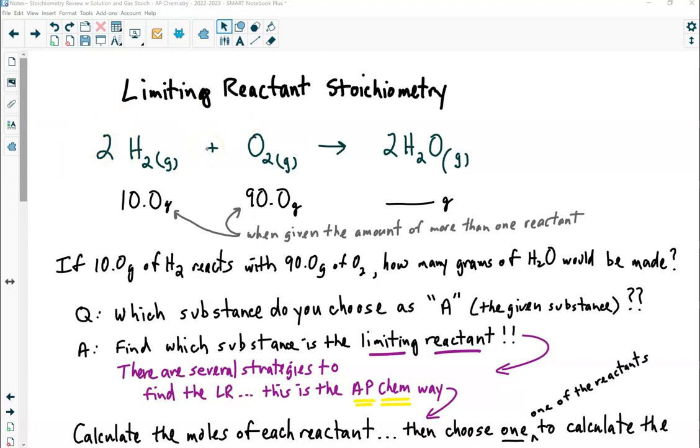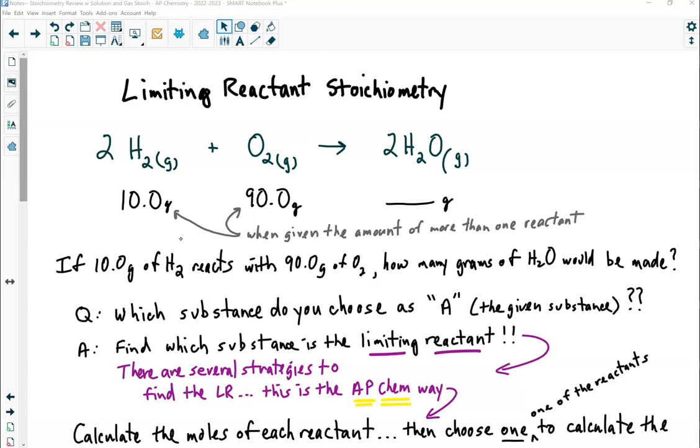For example, in this reaction, the 10 gram to 90 gram ratio of mass may or may not be in the 2-to-1 ratio required of hydrogen to oxygen in the balanced equation. And whenever the amounts of reactant given are not in the exact ratio in the balanced equation, one of those reactants will be limiting and one will be excess.